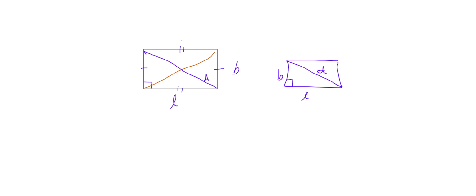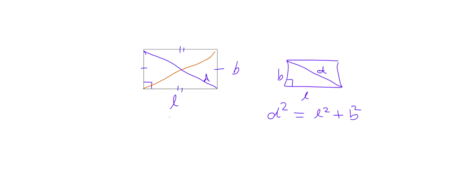Clear? Now, if it is a right angle triangle, then we can apply the Pythagoras theorem. What does Pythagoras theorem state? Hypotenuse square equals perpendicular square plus base square. So here hypotenuse is diagonal D, perpendicular is B, and base is length L.